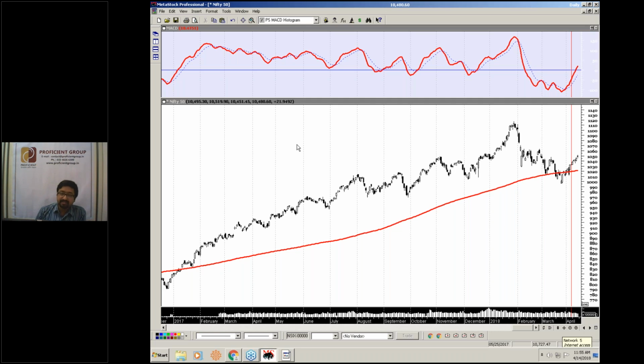So although negative divergence is a strong signal and to some extent an advanced signal of market reversal, it fails more times than it succeeds. So MACD or any other divergence, I do not trade.